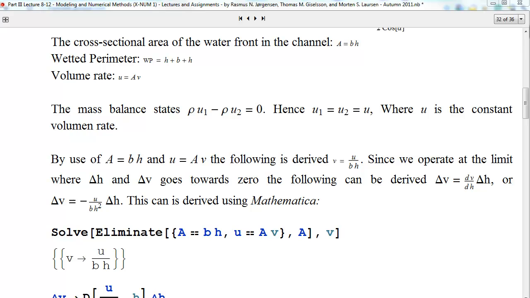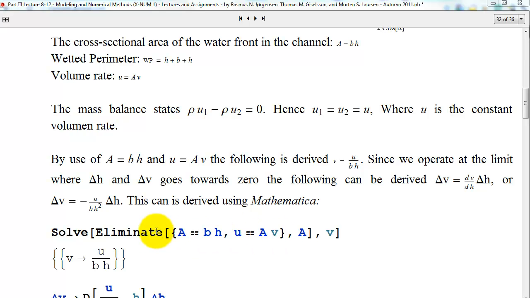So I'm back again. So what we have to do now is to find out how did we get to here, the relation in the change of speed. And we can use Mathematica to do that. So what we have here is the area, we have the flow rate, or the mass flow, which is the area multiplied with the speed of the water.